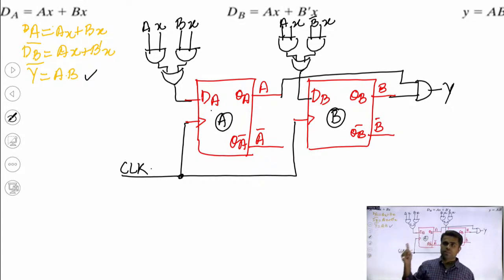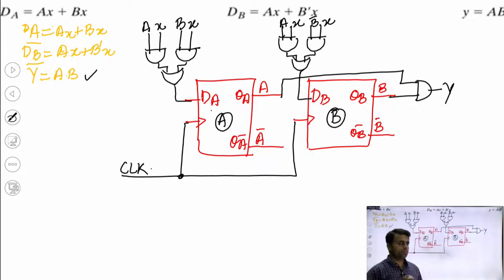Now that means this circuit can detect a sequence of 3 consecutive ones. Okay. Similarly, the examiner can give you a question in which the sequence might be changed. Instead of 1 1 1, he will give you 1 1 0 or 1 0 1. So we have to practice for those questions as well, in which the sequence might be different, but in 99% of the cases the examiner might give you a state diagram directly.